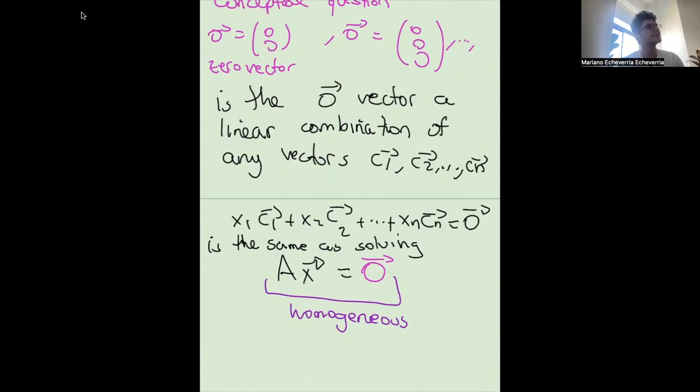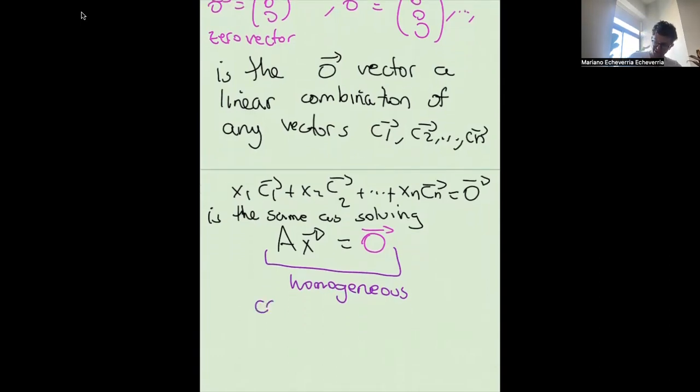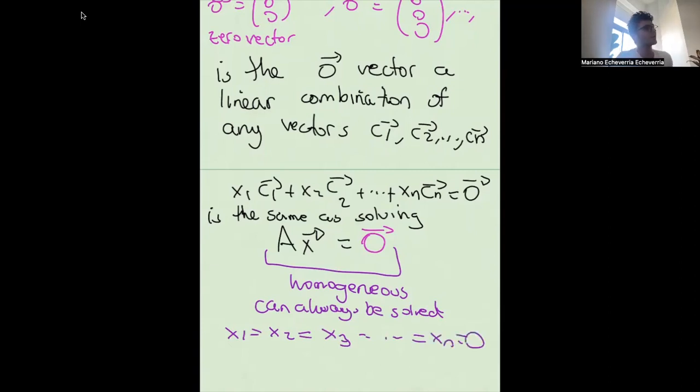The homogeneous system always has at least one solution, so it can always be solved. You just have to take x1 equals x2 equals x3 and so on, equals xn equals 0. So the solution to a homogeneous system of equations can always be found by setting each variable equal to 0. Is that making sense?